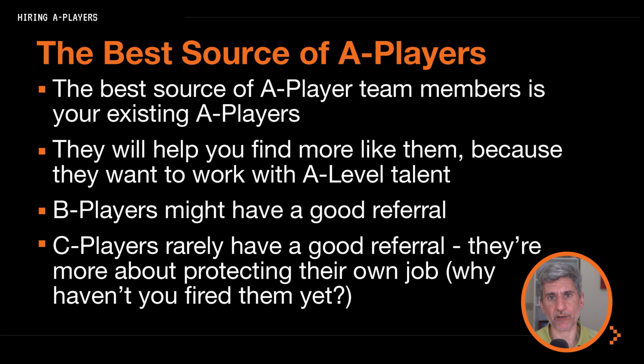That's why they're a C player. So you don't necessarily want to ask those people, or if those people are suggesting a candidate, just be a little circumspect and understand that they may be trying to protect their own job, and don't get too caught up in the fact that this person came from an internal recommendation. Who is doing the internal recommendation? But the best source is A players that your A players have already worked with.